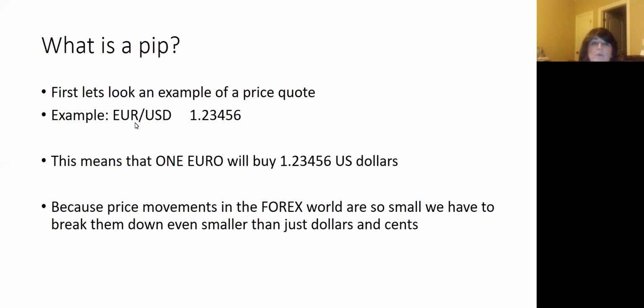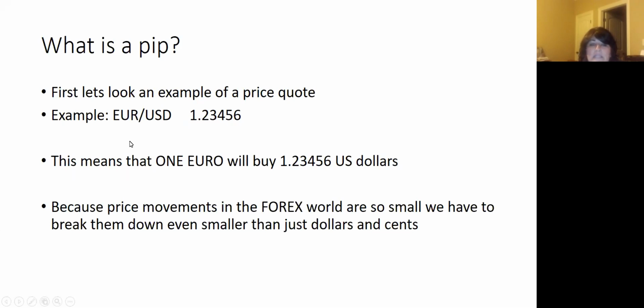So an example of a PIP is we have currency pairs. For instance, in this example, we have EUR, which is the euro, and USD, which is the dollar. And the sample price I have for the euro USD is 1.23456. I wanted to make it easy for you. All right.